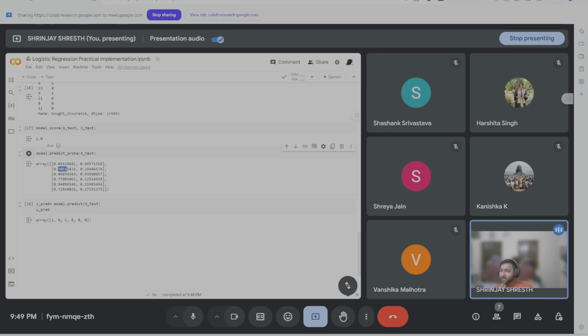It is close to 30%, so from the actual result you may see there is a 70% chance that the person belongs to class 0. That means the person has not bought the insurance.